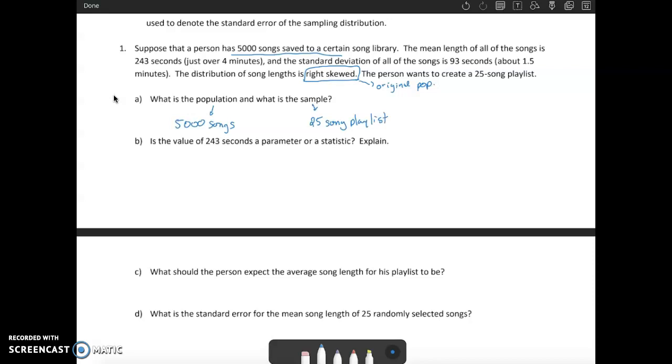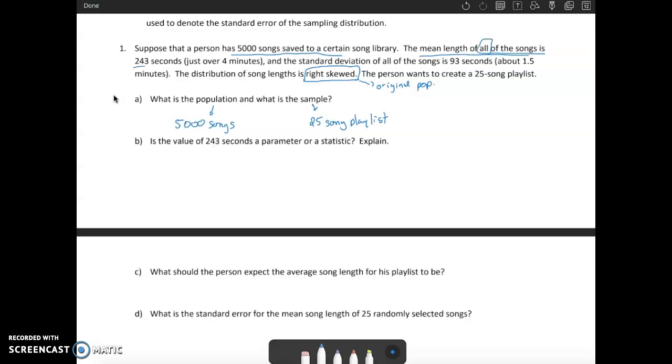Then it says, is the value 243 seconds a parameter or a statistic, and explain? We want to look at what the 243 seconds goes to. Does it describe the population, or does it describe the sample? The 243 seconds is the mean length of all of the songs.